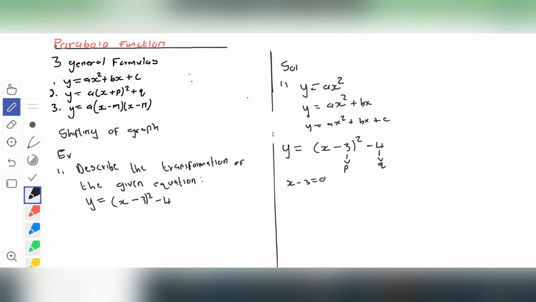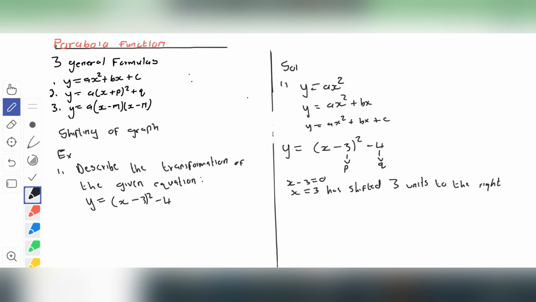You take everything which is inside the bracket and then solve for x. Then we found that our x is equal to 3. Meaning our graph has shifted 3 units to the what? Because it's positive, that means it has shifted 3 units to the right.